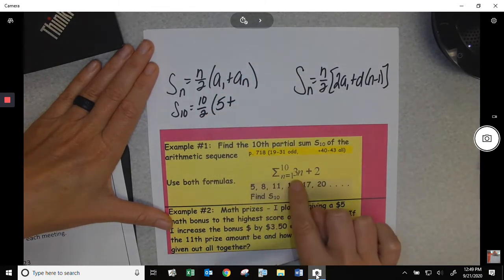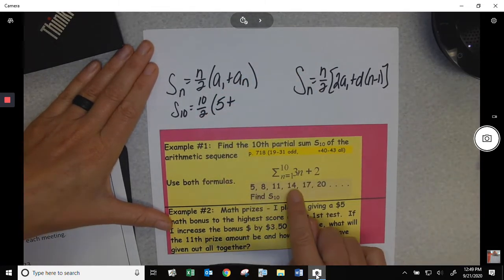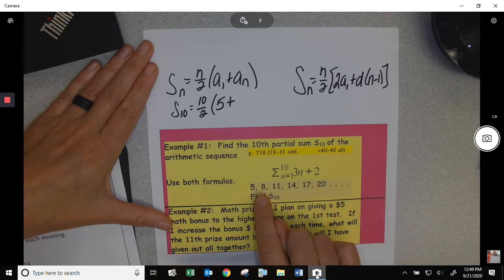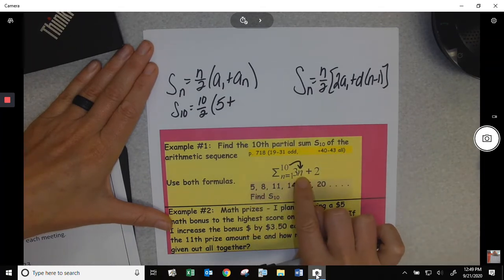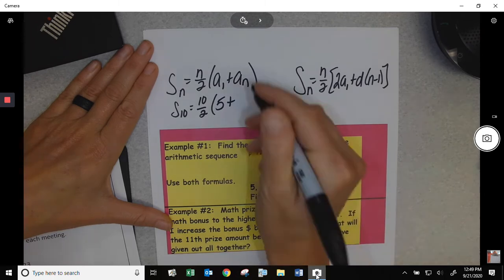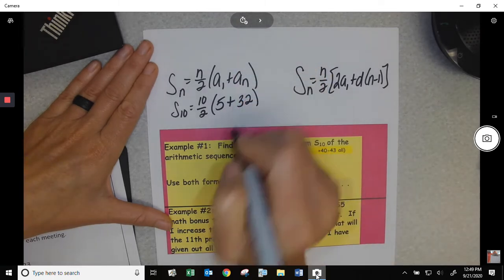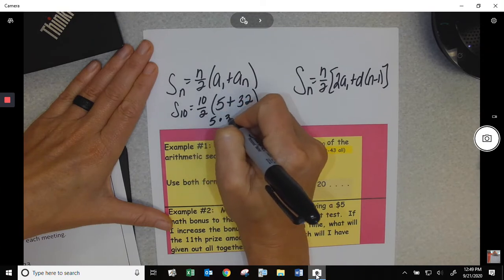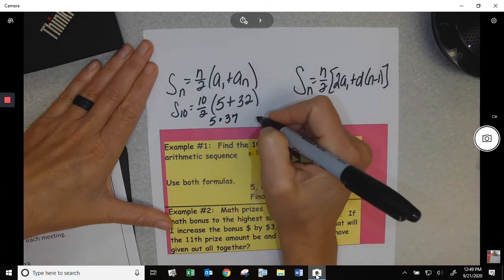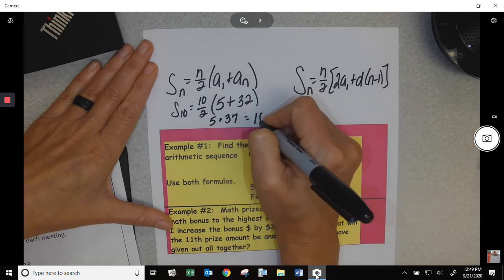Why I like this way of writing it, I don't have the 10th term here, unless I want to write them all out. I like it because I can plug the 10 in. 3 times 10 is 30. 30 plus 2 is 32. So now 10 divided by 2 is 5. 5 times 37 is 185.